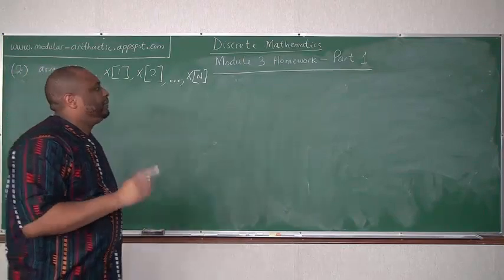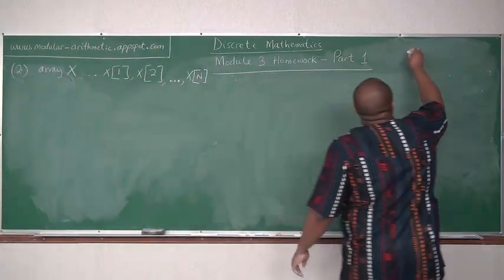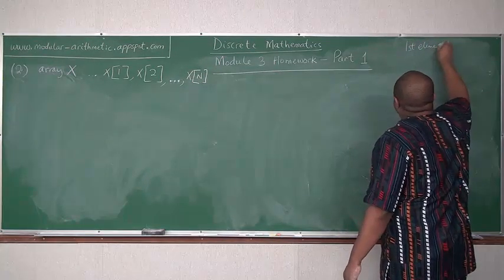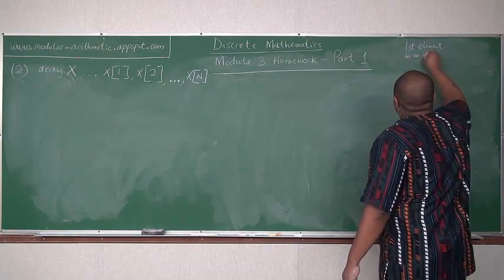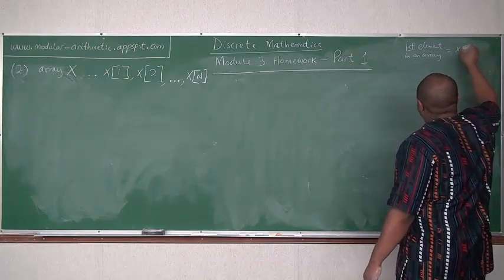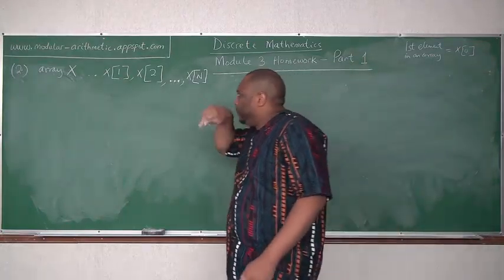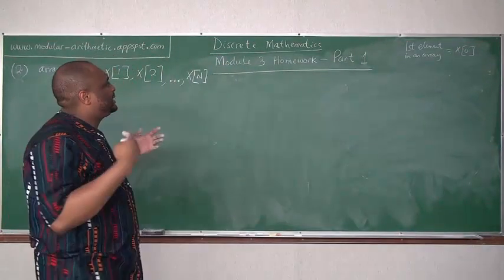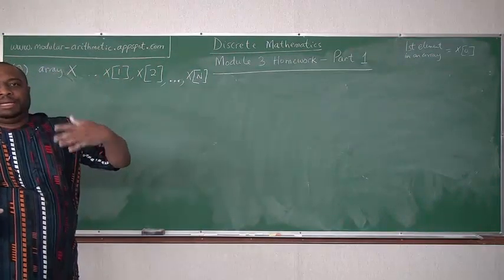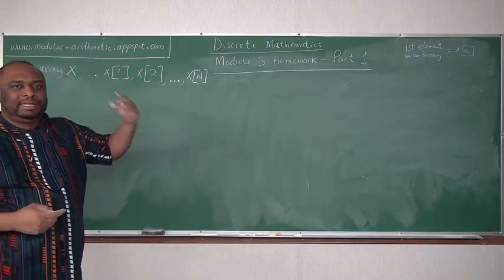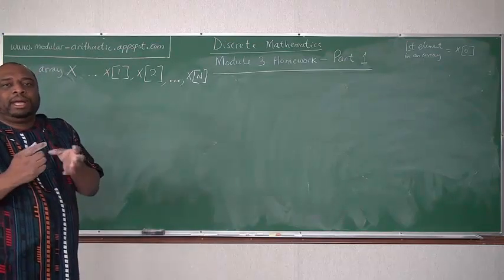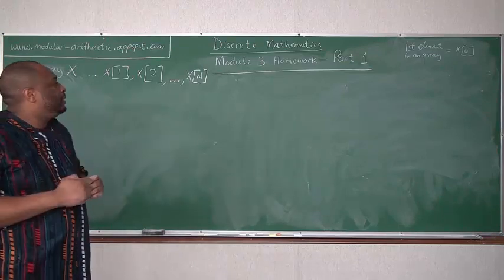The first element in an array is index 0. The second element in an array is index 1. Third element is index 2. Fourth element is index 3. And it goes on like that. That is the way an array works.